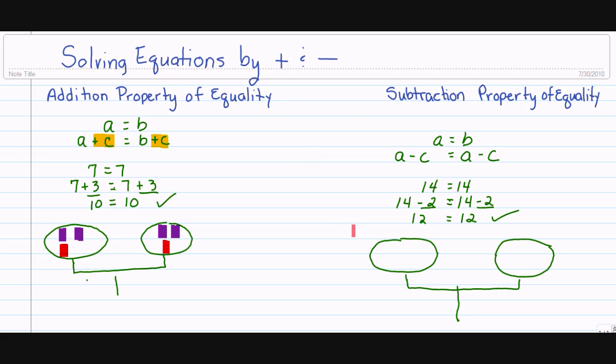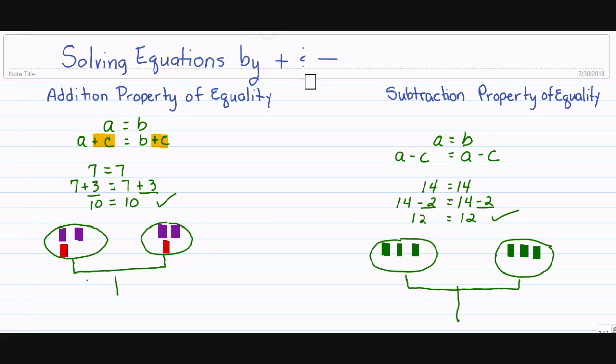Go up to my shapes, and if I have 1, 2, 3 rectangles on this side, 1, 2, 3 rectangles on this side, and in order to keep this scale equal, what I do to one side, I have to do to the other side.